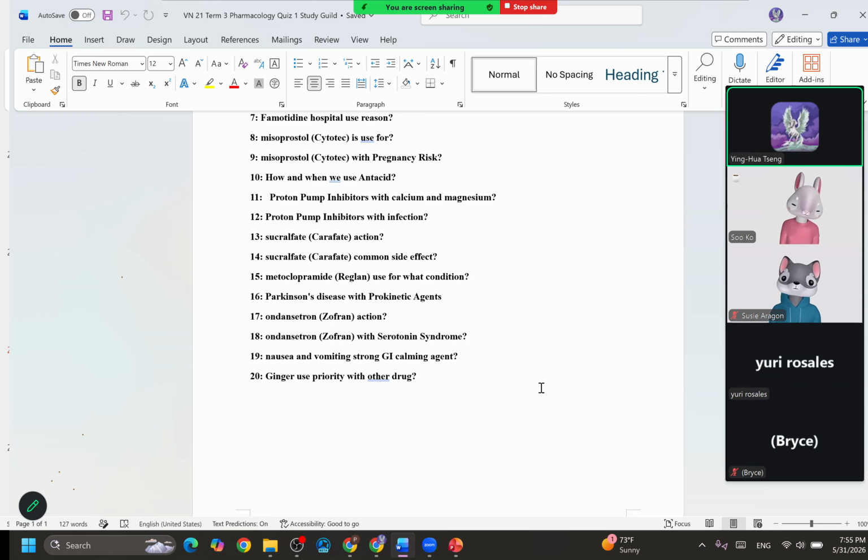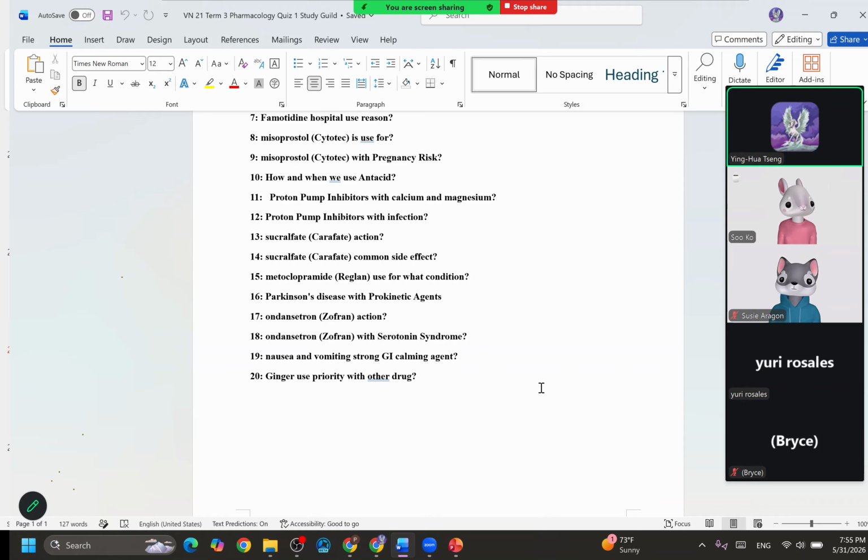So when you see this medication, directly link it to Parkinson's disease. This medication will make the Parkinson's medication not work at all. They cancel each other. Either the Parkinson's medication is not working, or Reglan, this nausea medication, is not working.